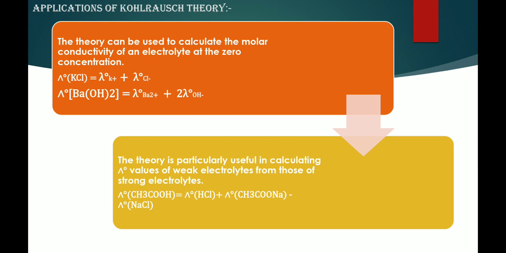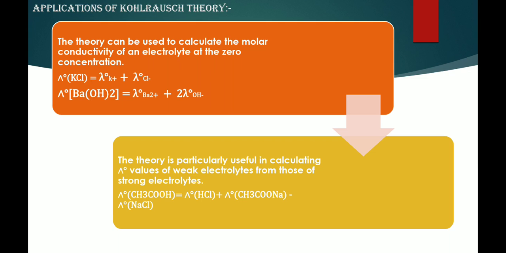So capital lambda naught KCl is equal to partial lambda K+ plus partial lambda Cl-. Similarly, capital lambda naught Ba(OH)2 is equal to partial lambda naught Ba2+ plus 2 partial lambda naught OH-.